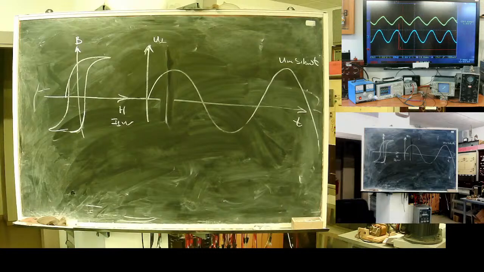Some current flows, yeah? And this core magnetizes. When core magnetizes, what do we see? What change in flux? When flux changes, what about induction? Self-inductance voltage arises.